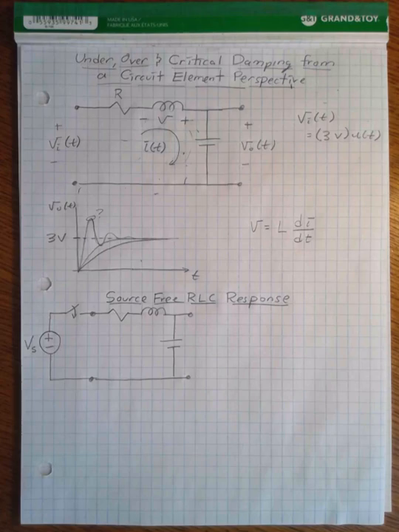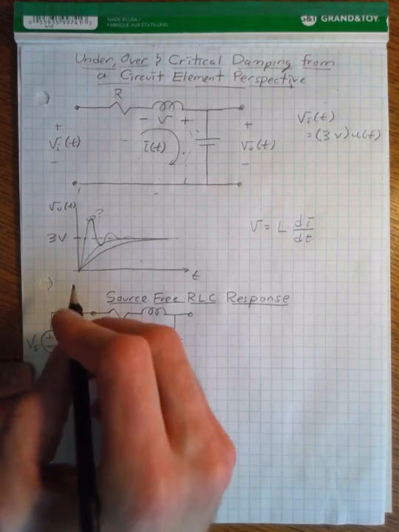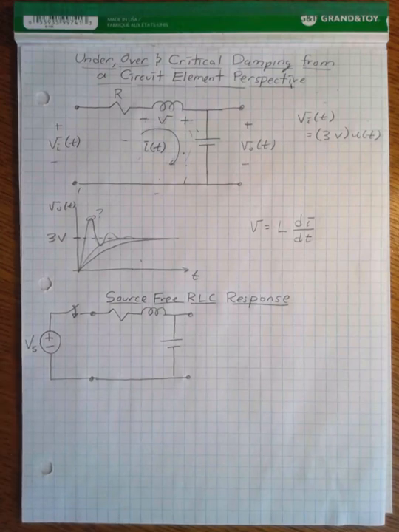The first thing is, let's think about a situation where we've switched in our DC voltage source, and a lot of time has passed. So all of the transient responses have died out, and we only have constant DC levels in our circuit.